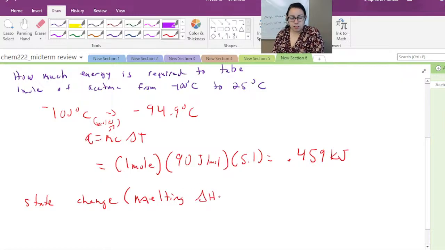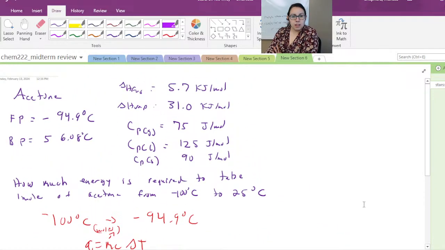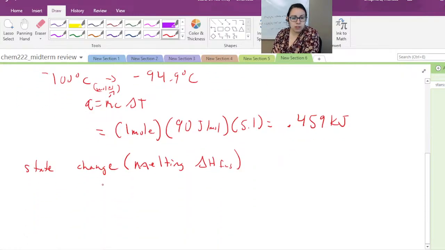We need the heat of fusion. And so now let's do our state change. And so again, grab our fusion value. And it kind of helps, if you ever mix them up, well, fusion should be the smaller number. It comes first, so that also helps. So 5.7 kilojoules per mole.